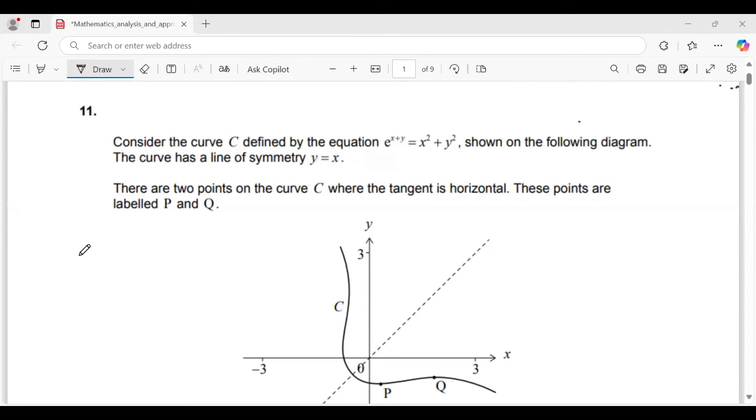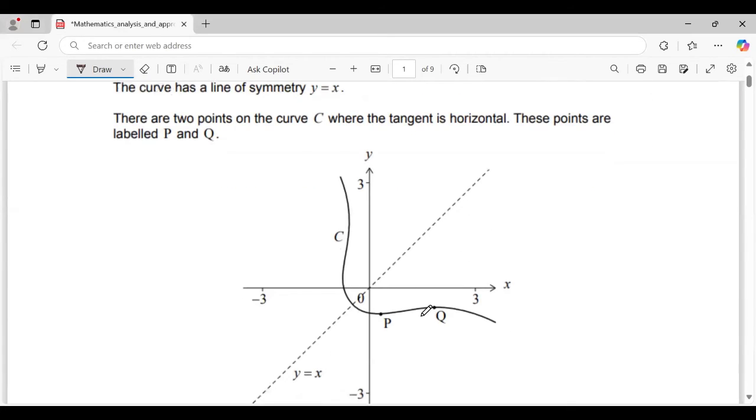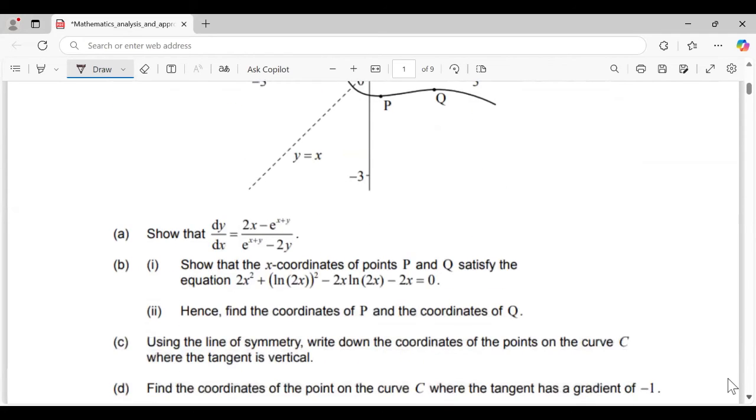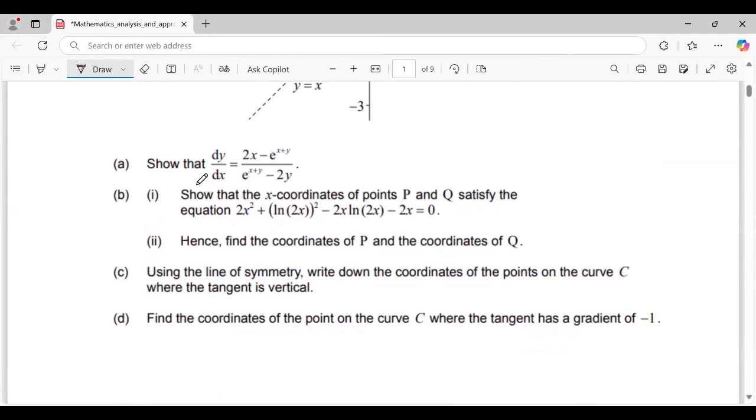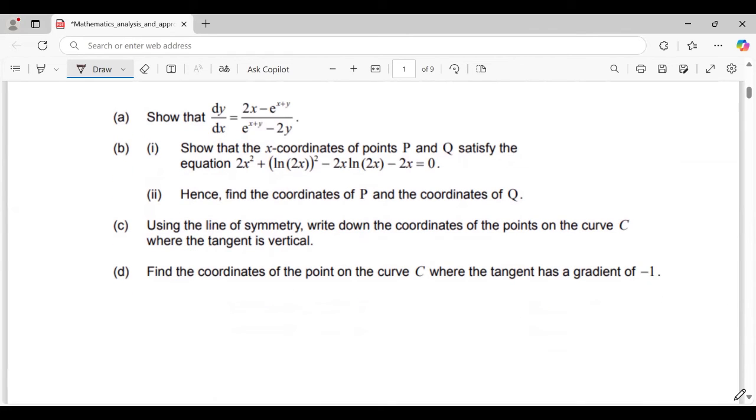These points are labeled P and Q. These are the coordinate points P and Q. And this is the line of symmetry, with equation y equals x. Question A: show that dy/dx equals (x minus e to the power x plus y) over (e to the power x plus y minus 2y). Right.